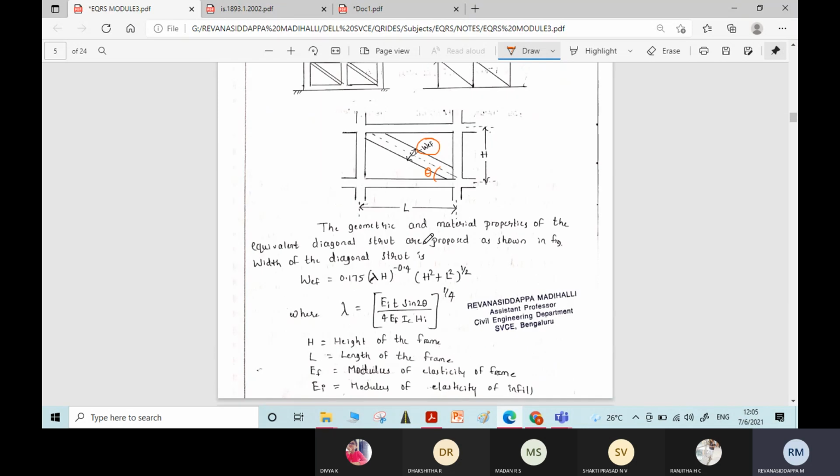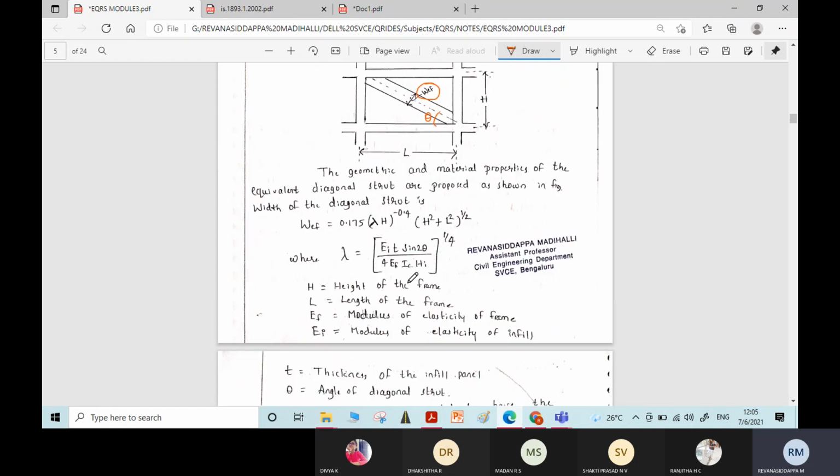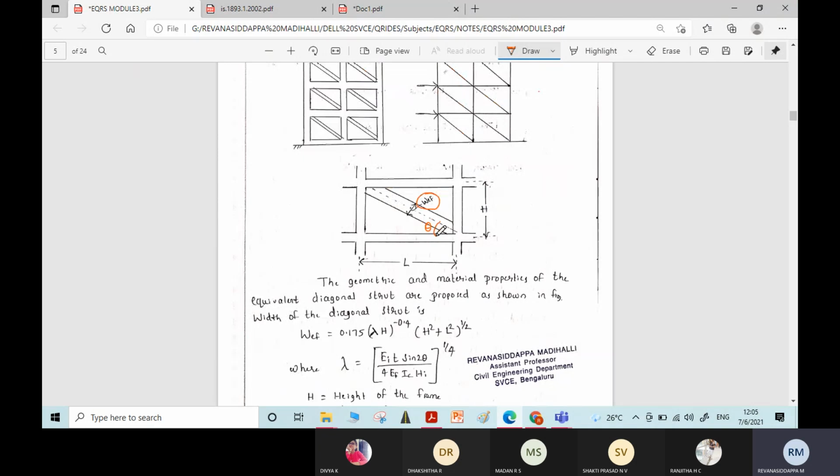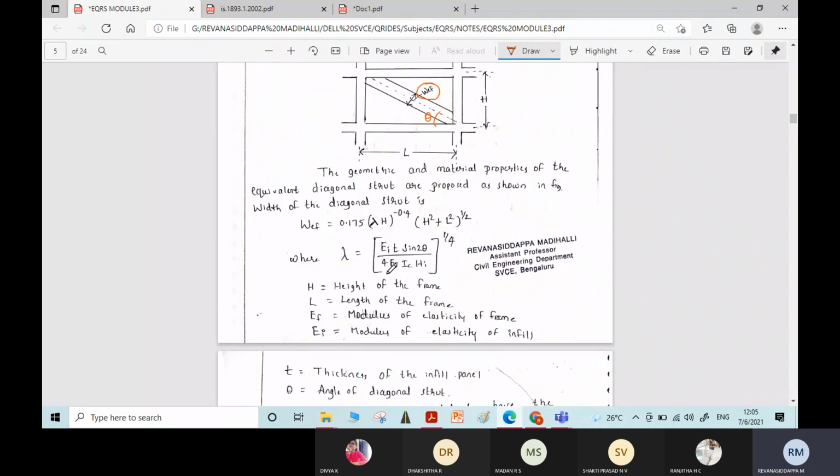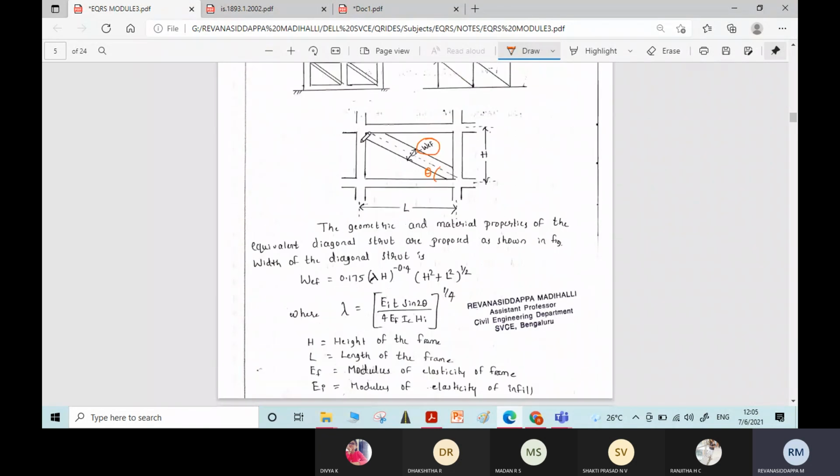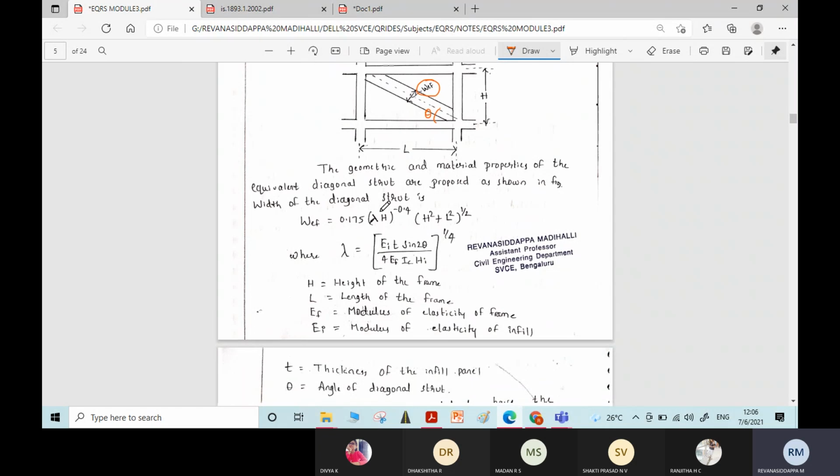That W_ef mainly depends on properties of the wall like modulus of elasticity, length, thickness, and the angle of this diagonal. Depending upon all those parameters, we calculate W_ef, and by assuming the wall as an equivalent strut, we will perform the earthquake analysis.